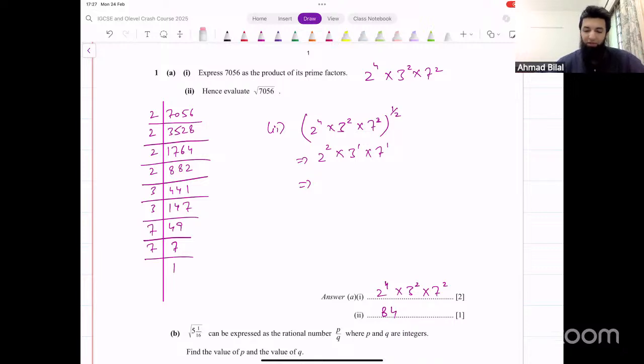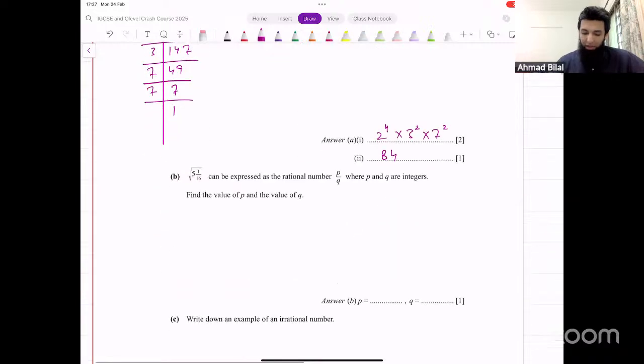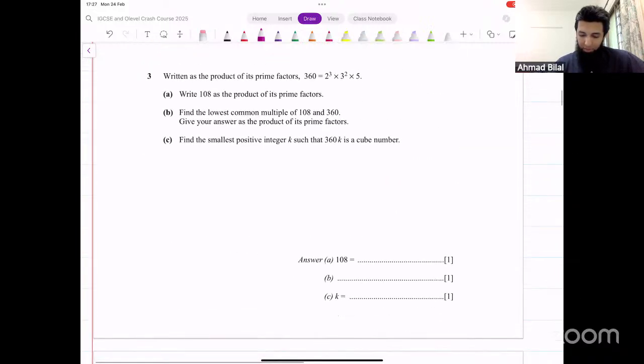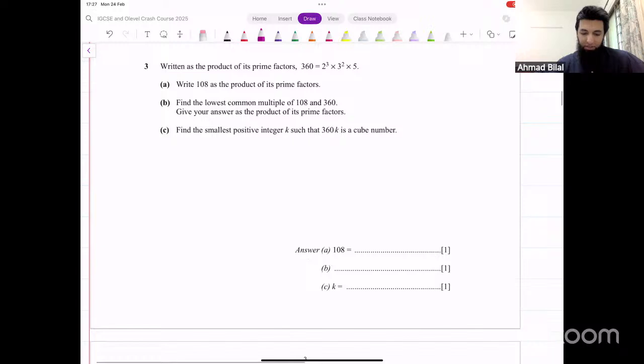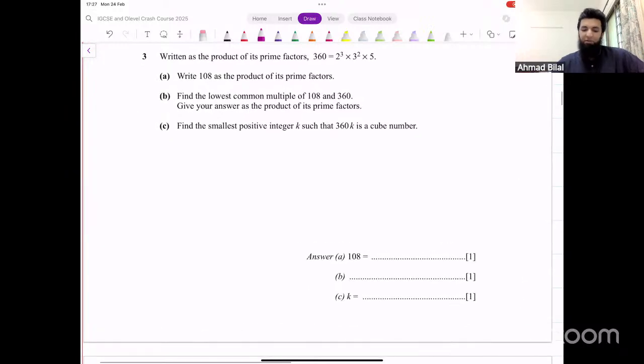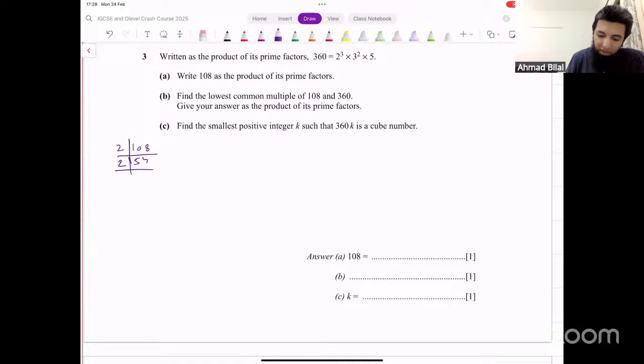Okay, this is what we get. Let's move on. Let's do a slightly more complicated one. Written as the product of its prime factors, 360 is equal to this. Write 108 as the product of its prime factors. First of all, again, you can follow that same process. 108 divided by 2, that gives us 54. Divide that by 2 again, and that gives you 27.